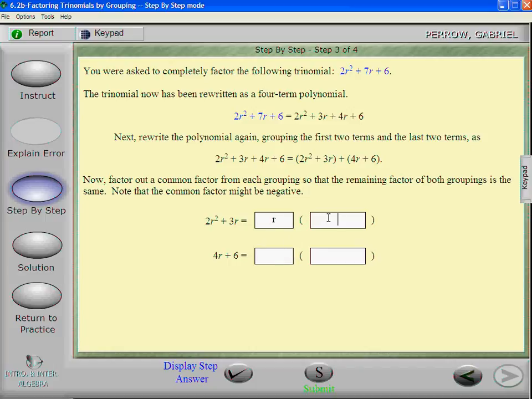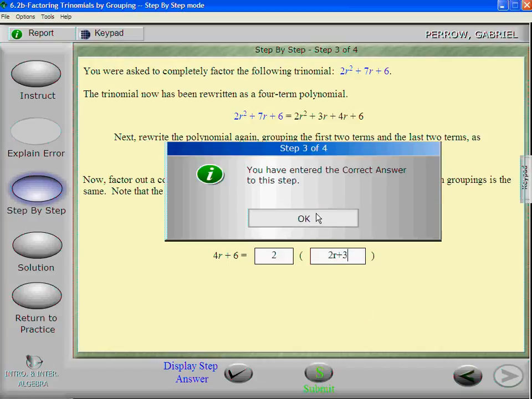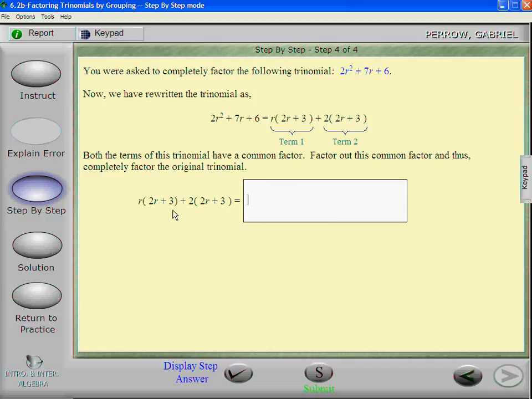R comes out front of the first two. 2r plus 3 is left inside. 2 is the greatest common factor from the second pair. 2r plus 3 is what's left after you divide that away. So if we look at this, 2r plus 3 is what's common. After that's divided away from each term, r plus 2 is what's left in the other factor.